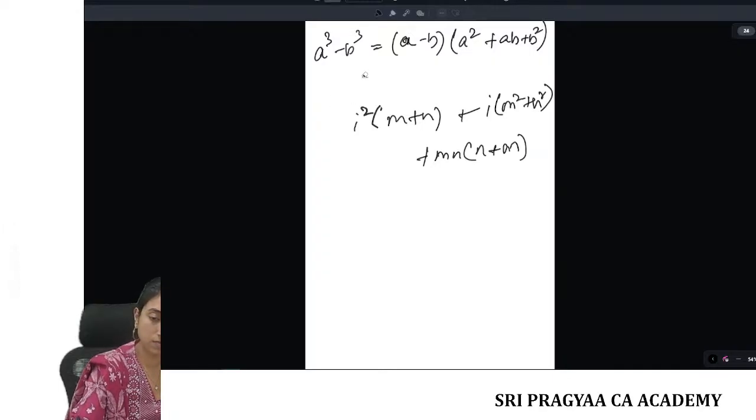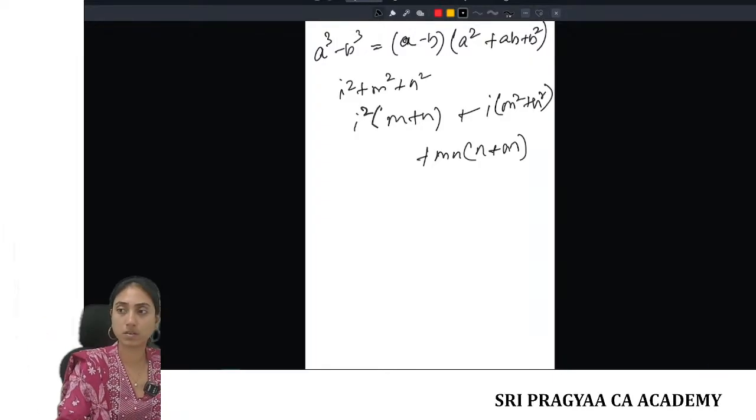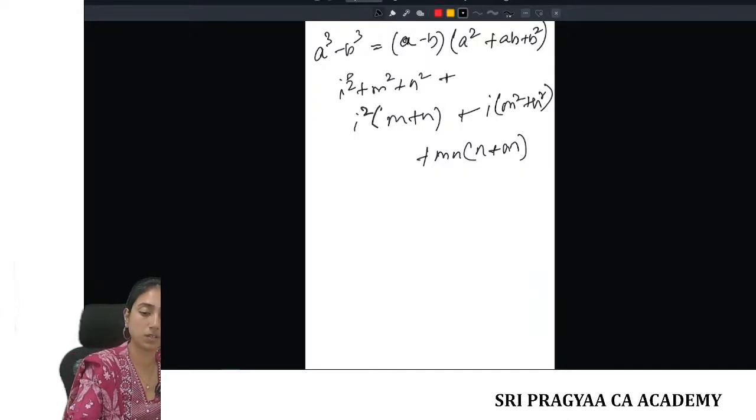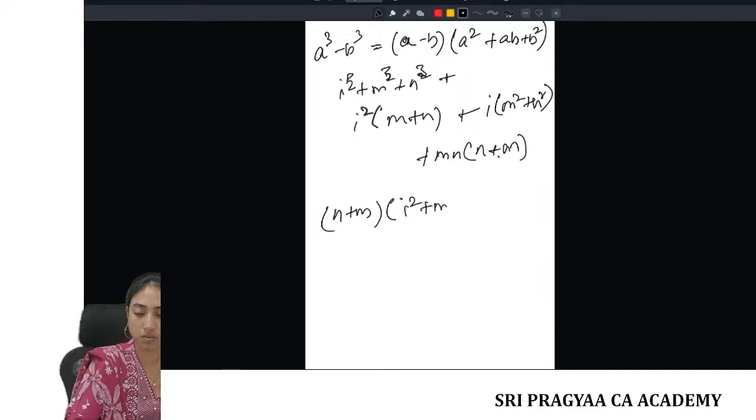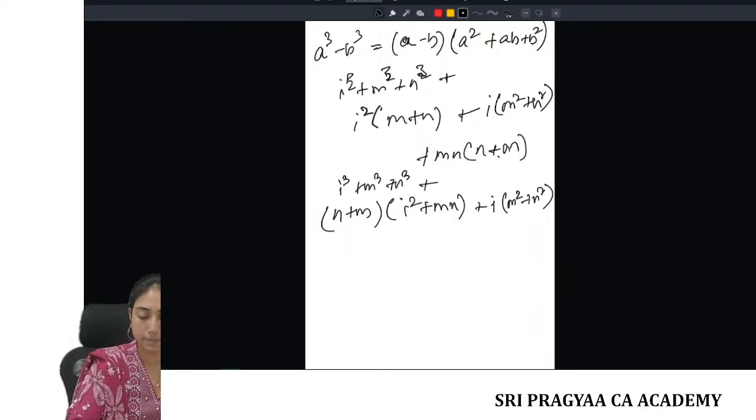This part I have plus cube then. So இங்கேருந்து I can pull out whole thing.